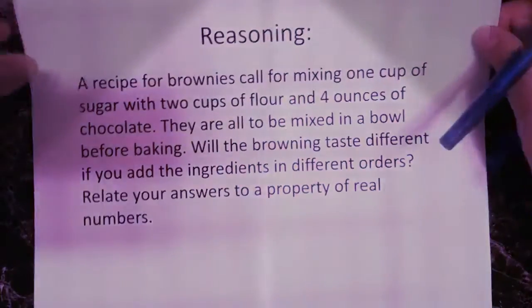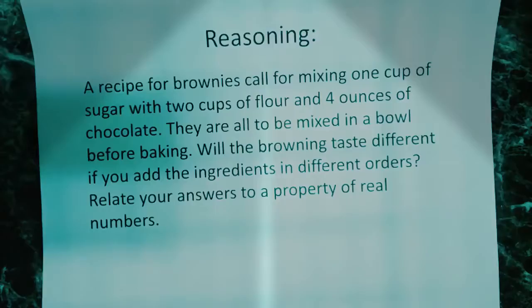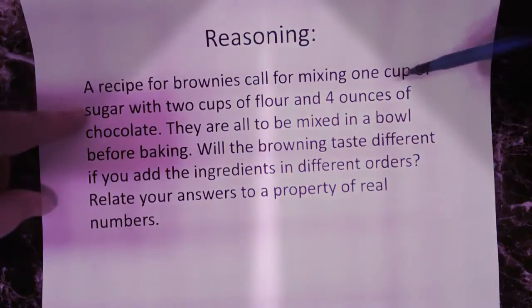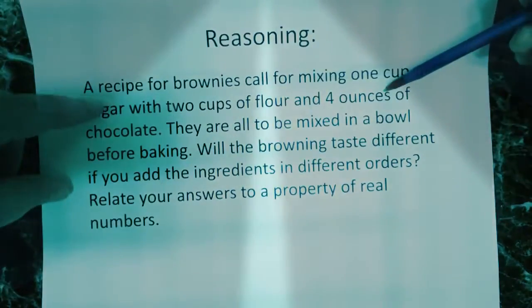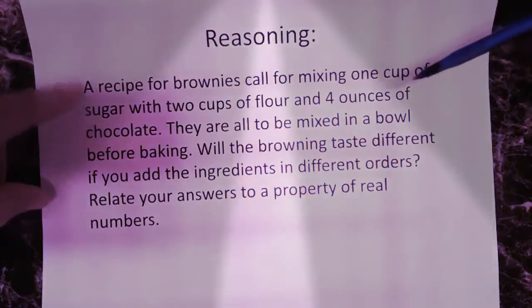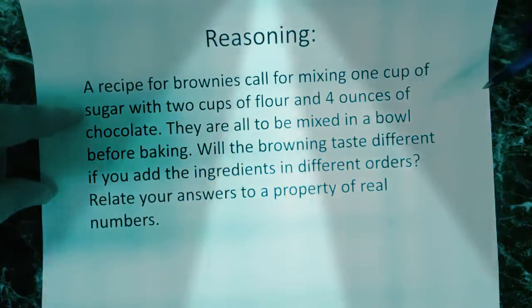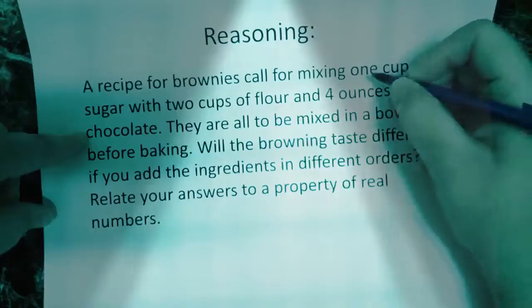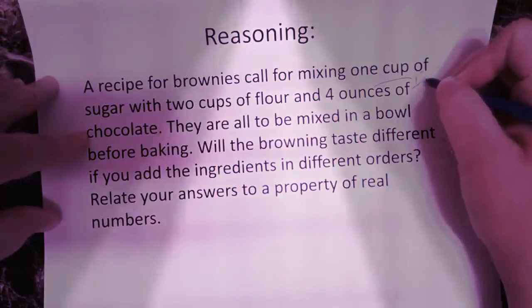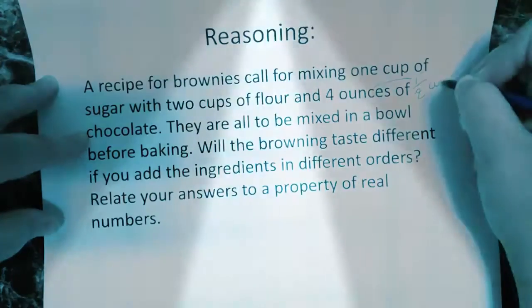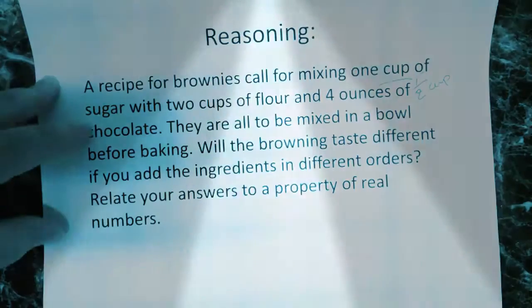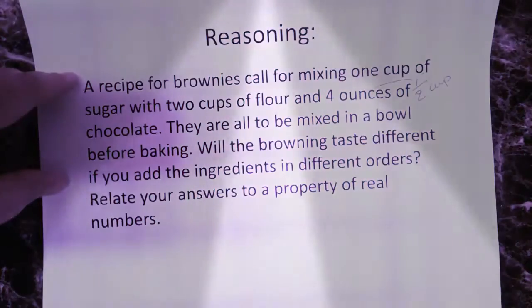Okay, so reasoning. A recipe for brownies calls for mixing 1 cup of sugar with 2 cups of flour and 4 ounces of chocolate. 4 ounces is a half a cup. So this is really saying, hey, I'm doing a half a cup of chocolate. They are all to be mixed in a bowl before baking.